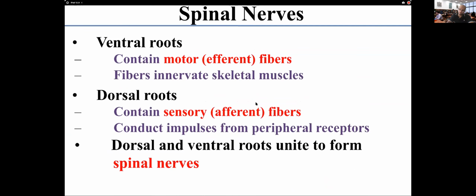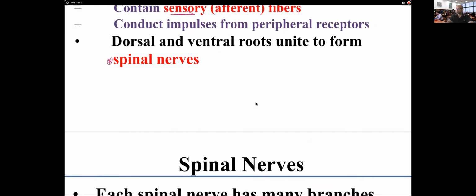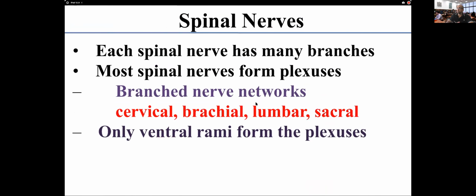The ventral root contains the motor or efferent fibers that will be innervating the skeletal muscles. The dorsal root is going to contain the sensory nerve fibers that conduct the impulses from the peripheral receptors to the spinal cord. Both the dorsal and ventral roots unite to form the spinal nerve. Each spinal nerve has many branches.